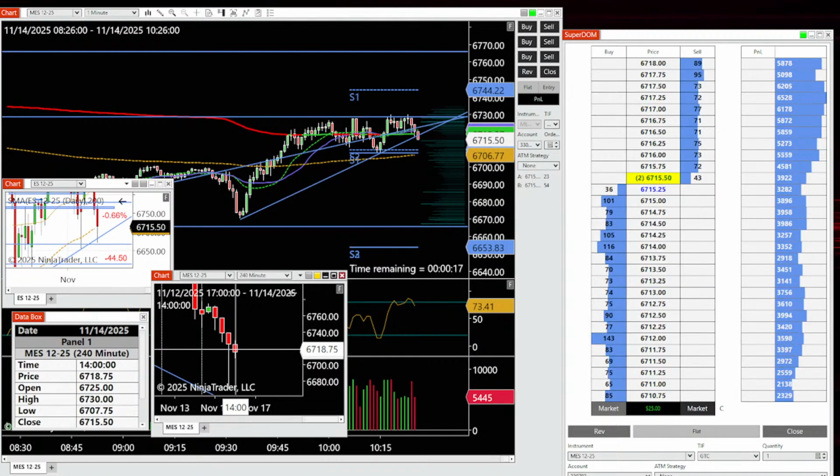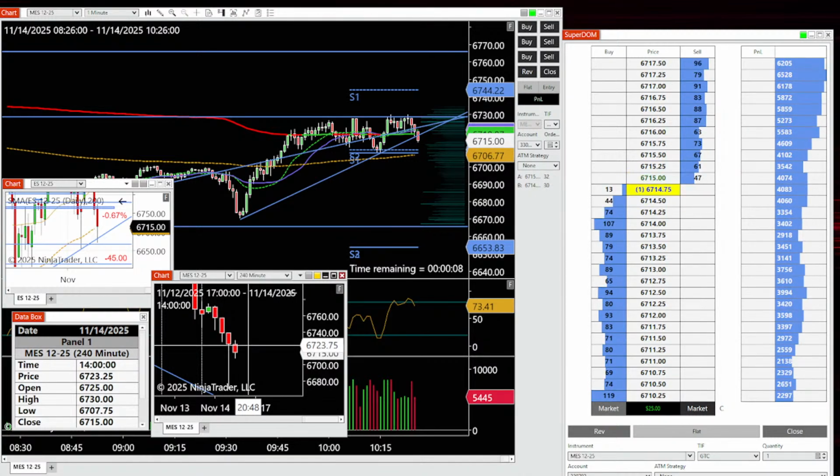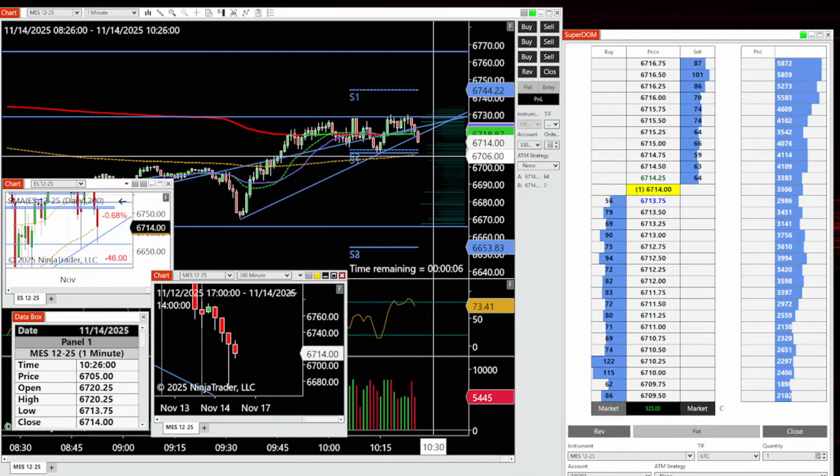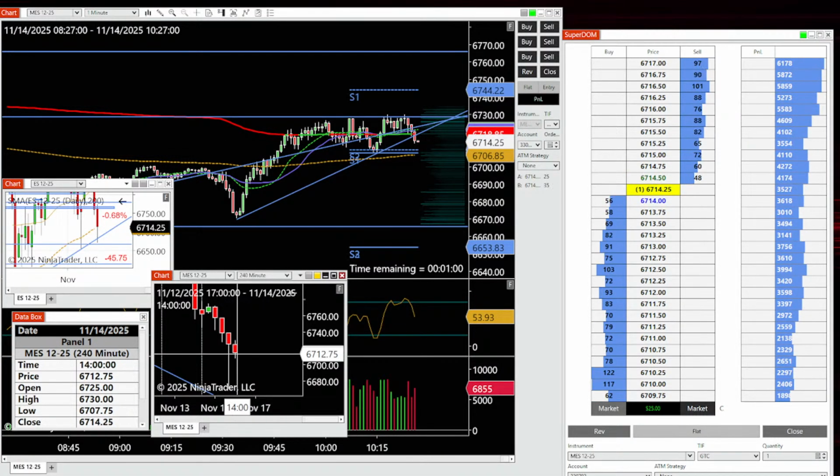So VWAP right now is around the point of control. The low is 7.